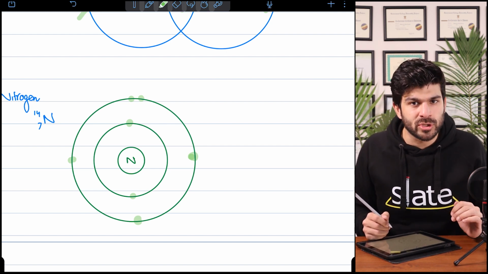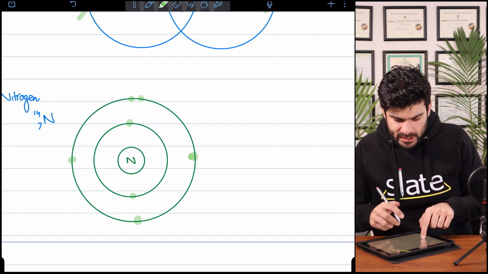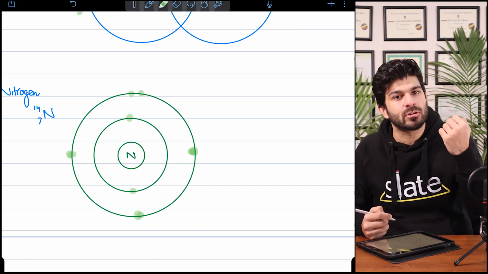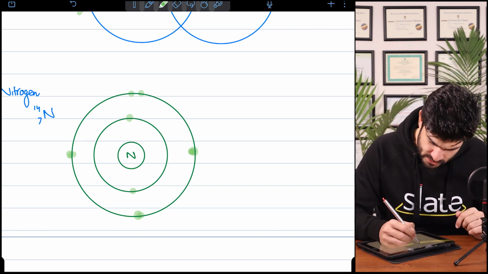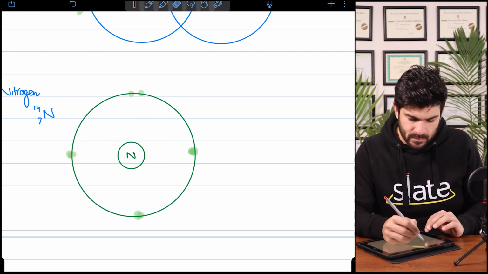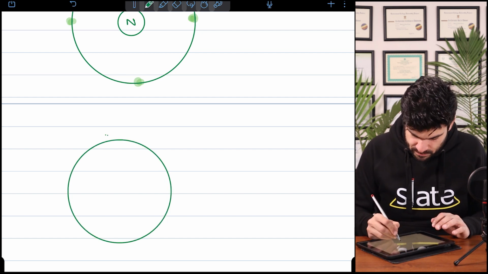So from where will those 3 electrons come? From another nitrogen. This nitrogen will share its 3 electrons, and the other nitrogen is also going to share its 3 electrons. Let's see how it works. I repeat, we can ignore the innermost shell or shells.